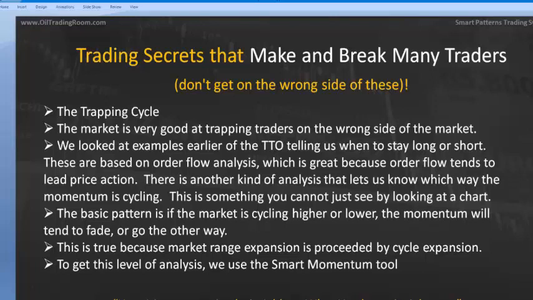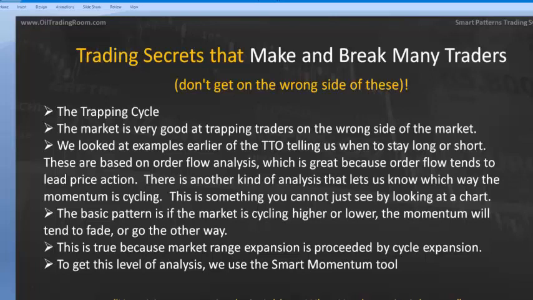Now, why can I say that? Well, I speak from experience, right? And so my mission over time was to find a way to be on the right side of what I call the trapping cycle. So we looked at examples earlier of the trap trading oscillator telling us where to stay long or short, or to be long or short. And that's based on order flow analysis, which is great because order flow tends to lead price action.